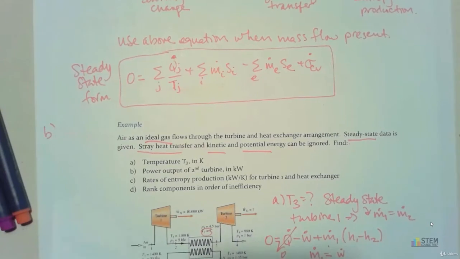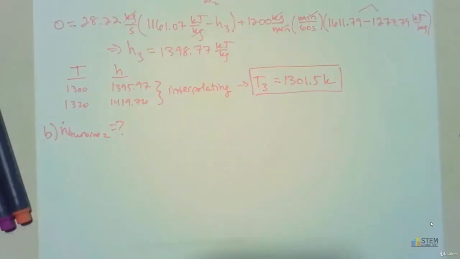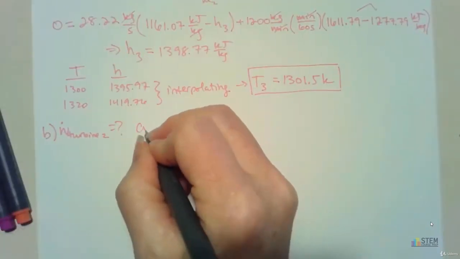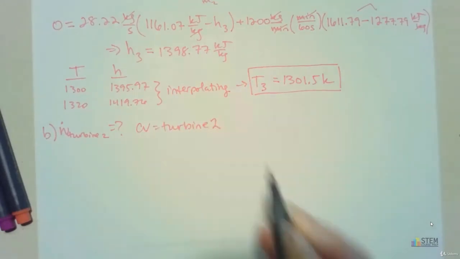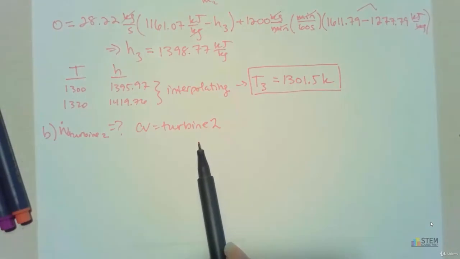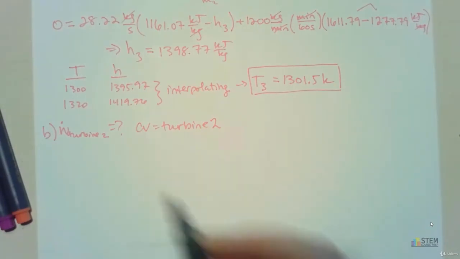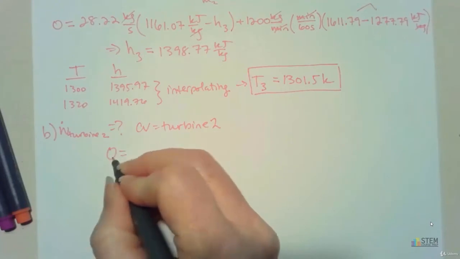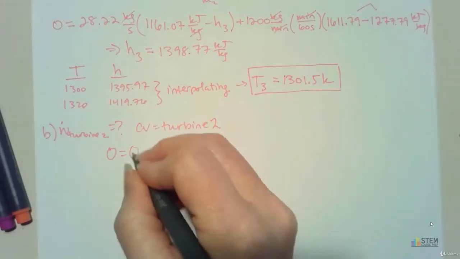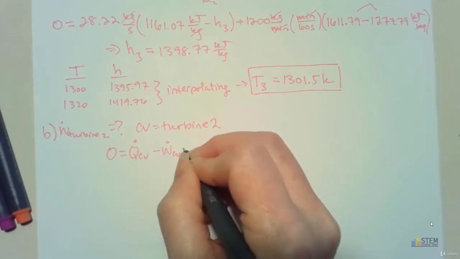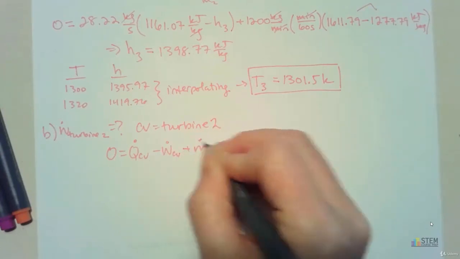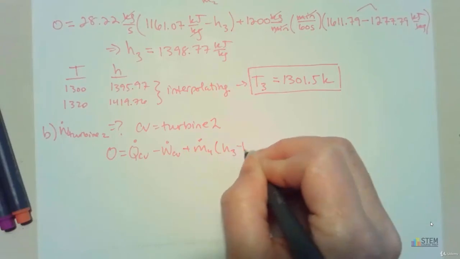So let's use that as our next control volume. And then we're going to write the control volume energy balance equation again for turbine 2. This is still steady state, so it's still 0 on the left side. Q dot minus W dot plus M4 dot times H3 minus H4.